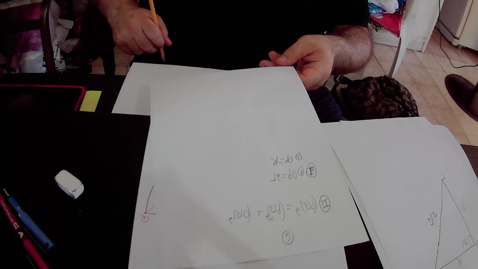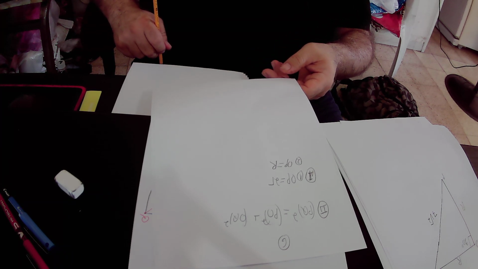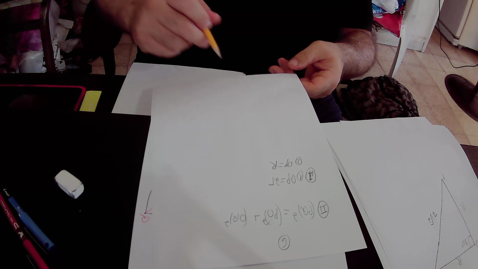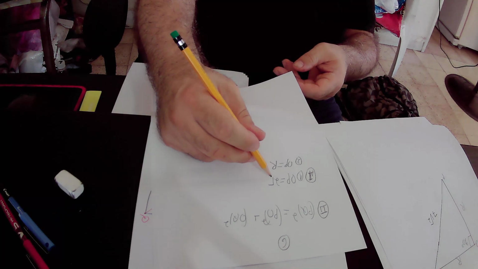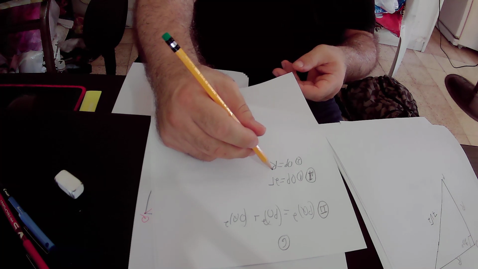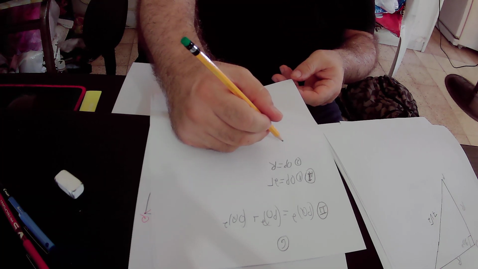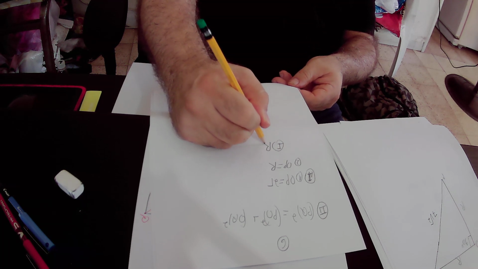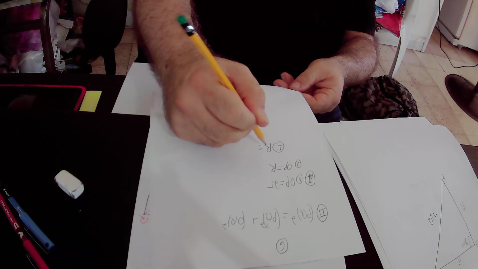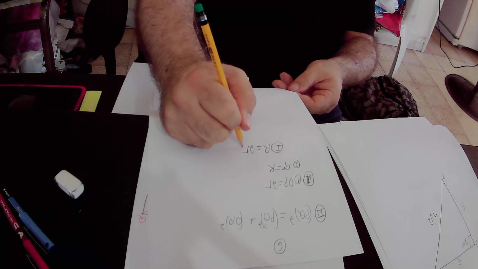Okay, so from equation number 1 and 2, we can deduce that capital R equals 2 times small r. So the first equation will be capital R equals 2 times small r.